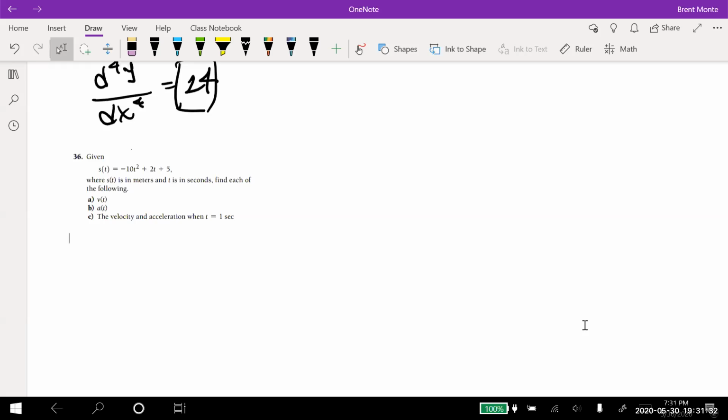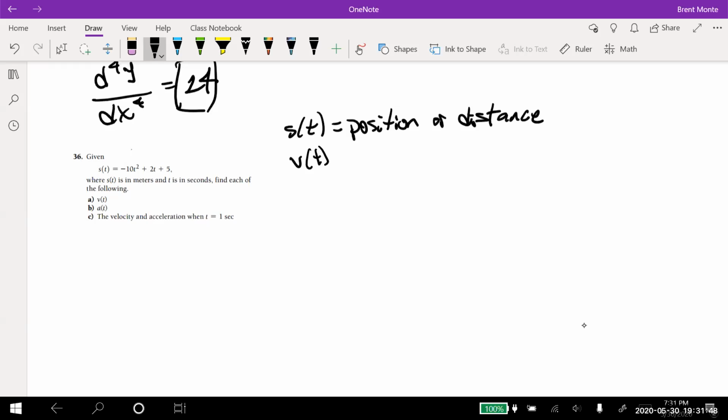Well, from physics, S of t is position or distance. V of t is velocity, sometimes called speed. But think of what velocity is.